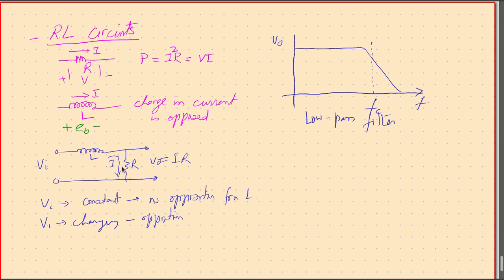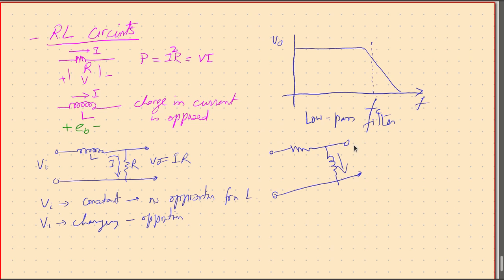Yeah, the same argument holds when we have resistor here and inductor here. Whenever the variations are low, the inductor will allow it to bypass. But when the variations are high, the inductor will oppose, so it will not allow the high varying current to flow through it.